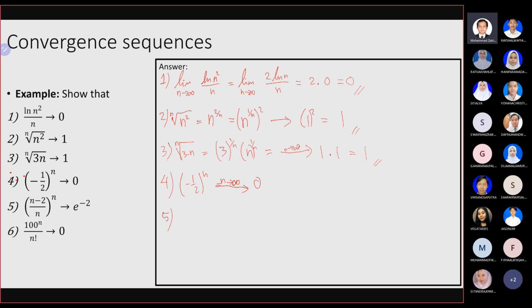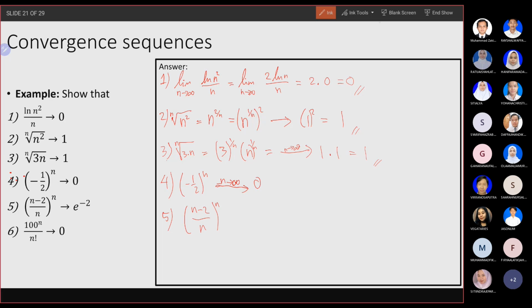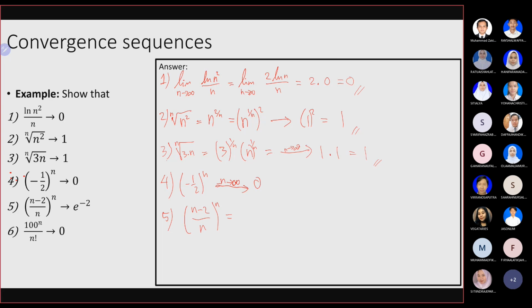And for the fifth one, we also use the formula n minus 2 over n power n. This is equal to 1 minus 2 over n power n. In this case, we follow the formula again.